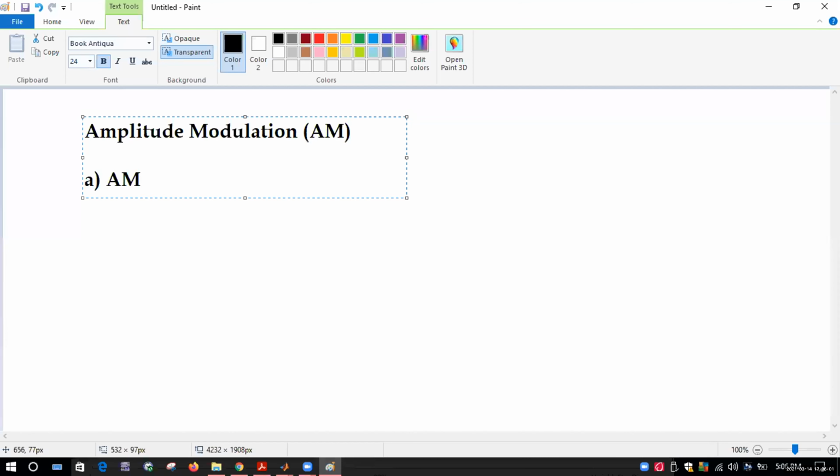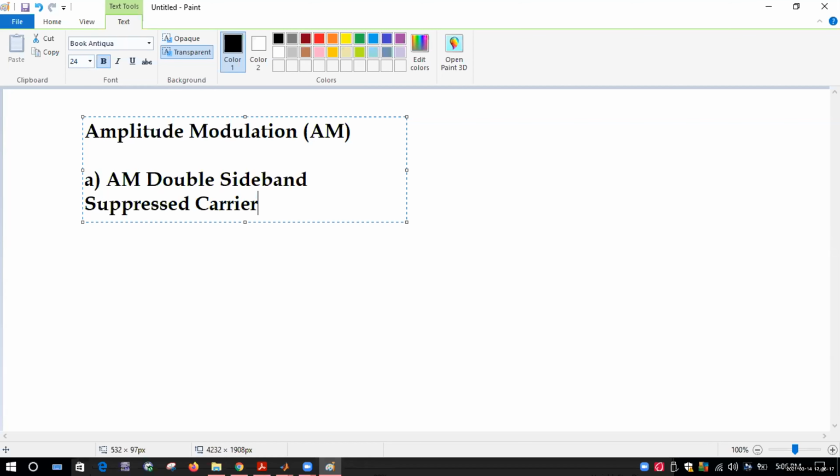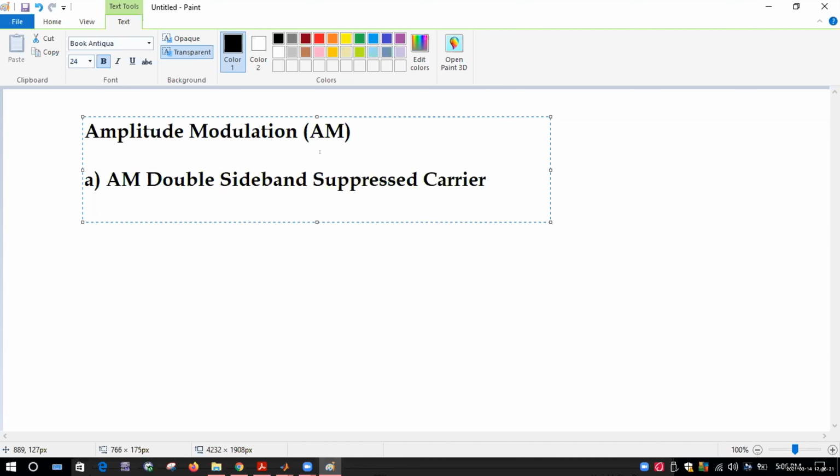Then we have AM double sideband suppressed carrier. This is one of the forms of AM.